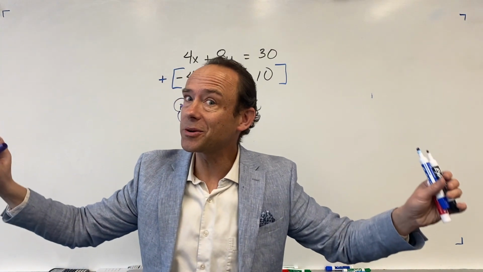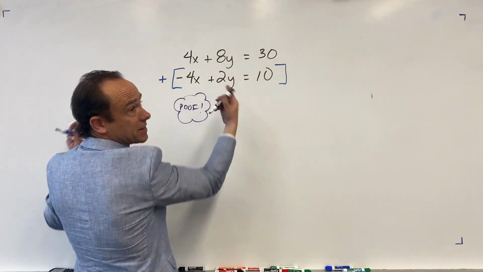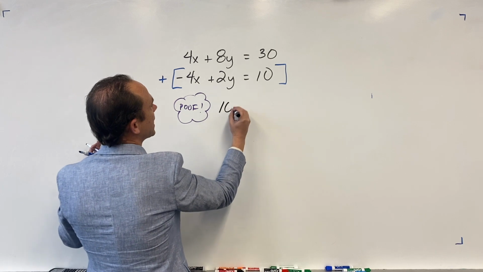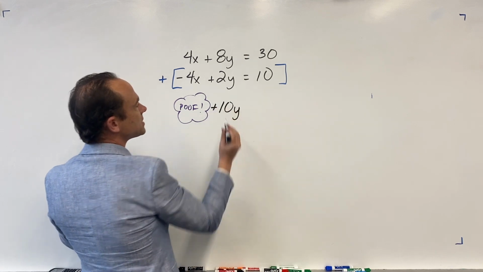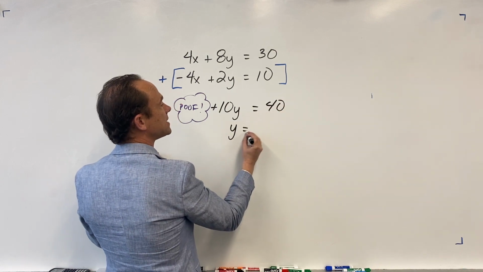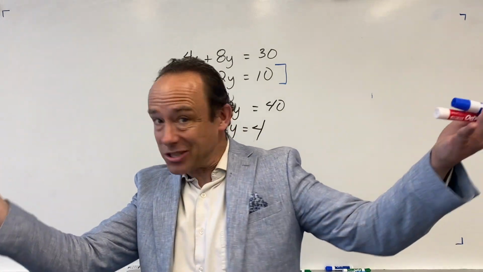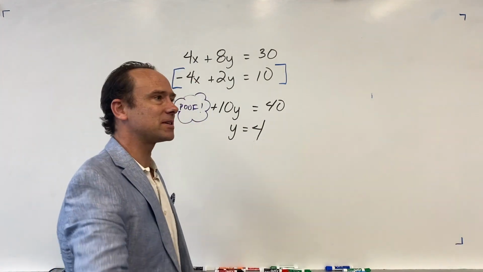There goes one variable. We don't want to eliminate them both, right? So I'm happy that the second one's still there. So I got 10y, plus, if you'd like to write the plus, is equal to 40. So y is equal to 4. Beautiful. It's going good. I told you it would. Oh, I rhymed.